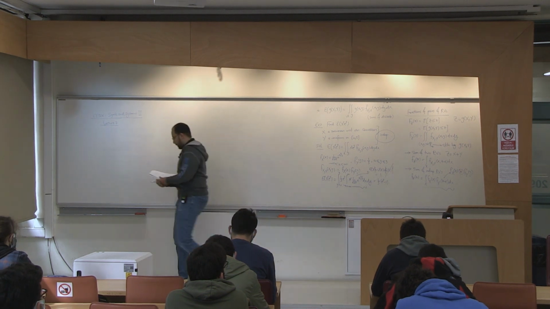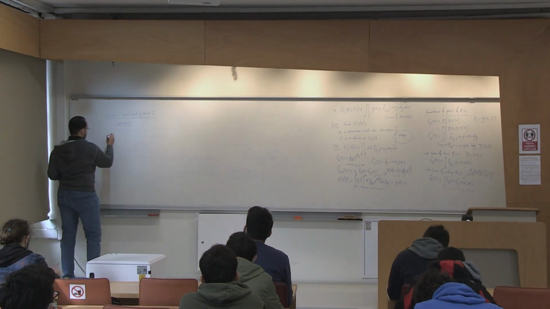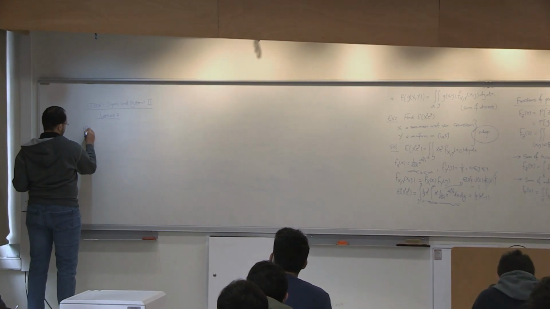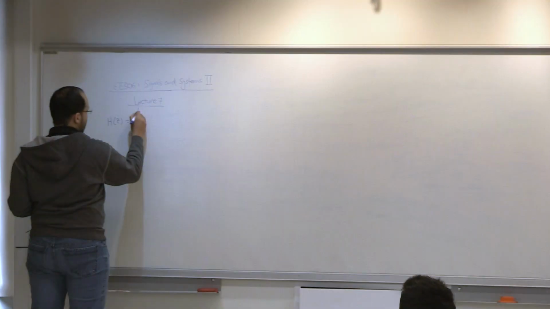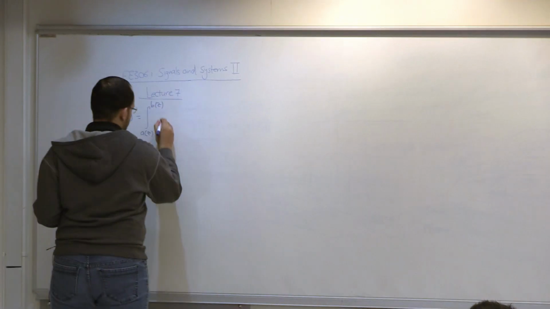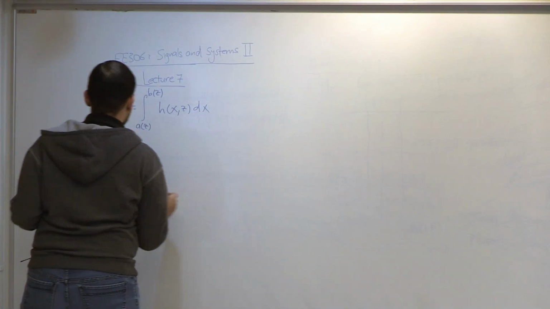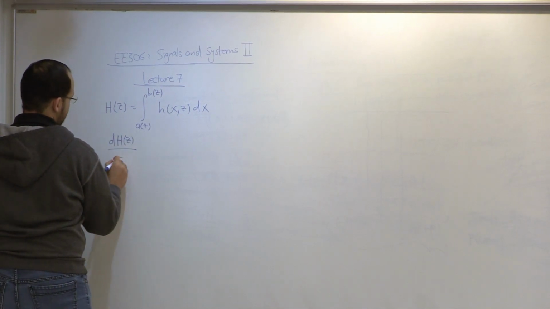First of all, let's recall an important relation. If we have a function h of z that is the integral from a of z to b of z, h of x and z dx, what is dh of z by dz?